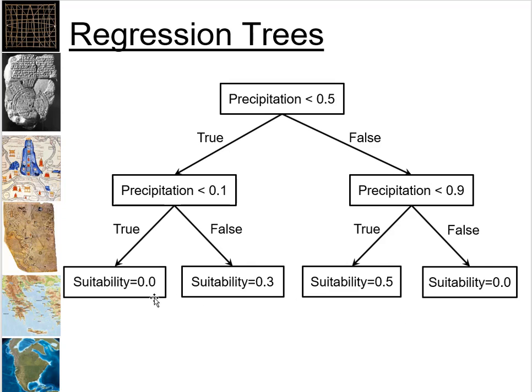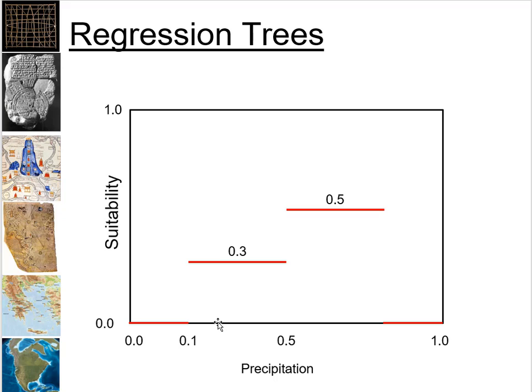So again, we're sort of modeling a continuous variable here. If you get enough nodes, you can start to see this being continuous. In some cases, it does make sense to have continuous values modeled as categorical, but not too often. If we look at this one as a response curve, you end up with, again, your covariate down here, and then you end up with these levels for the output.